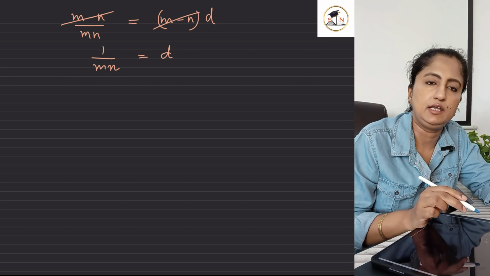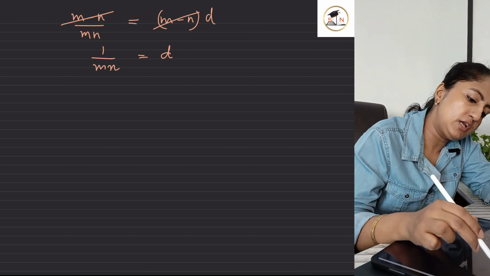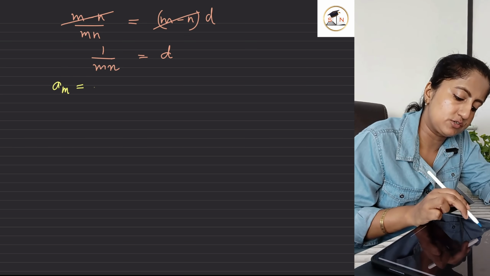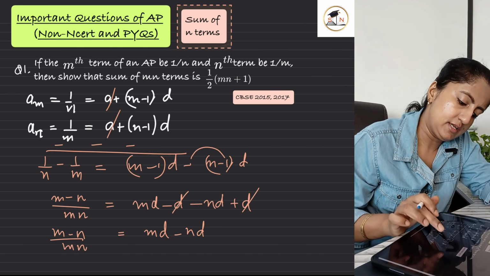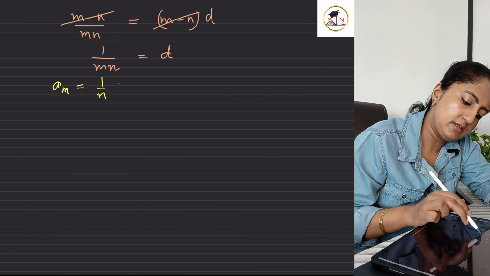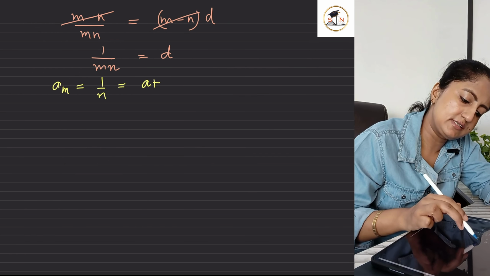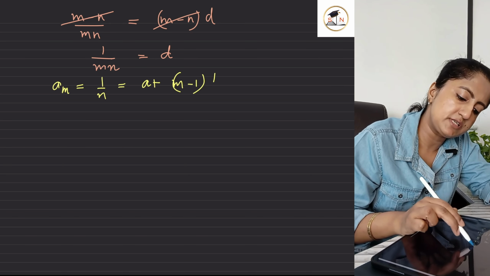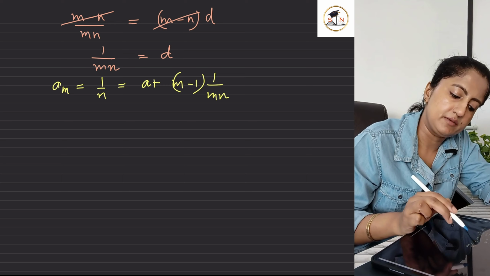This gives us d. Now the initial equation was am, which was equal to 1 over n, equals a plus m minus 1 d. Now in place of d, I am substituting 1 over mn.